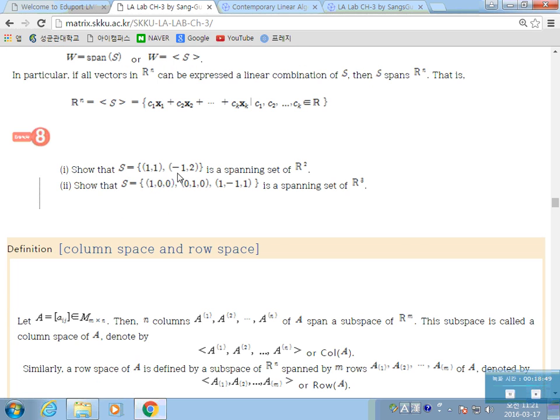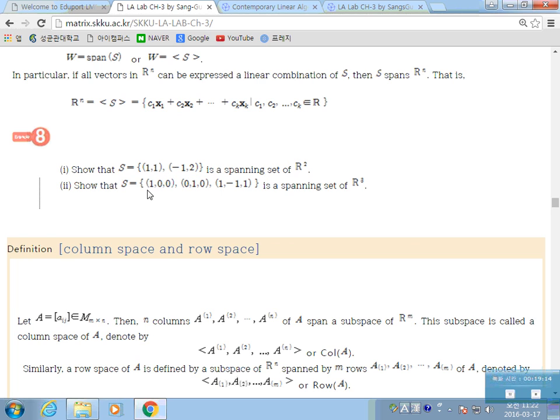So, S is a spanning set of R2. If you have these two vectors, then any vector in R2 can be written as a linear combination of these two vectors. So this is a spanning set, because it generates every vector in R2. The span of this is the same as R2. Okay?